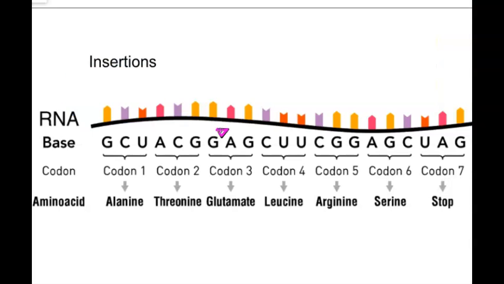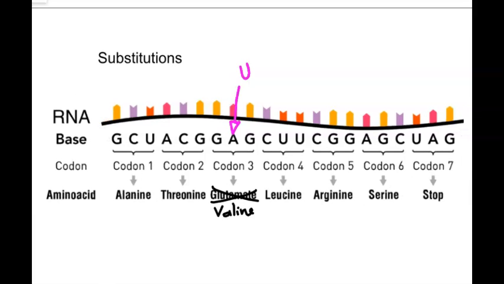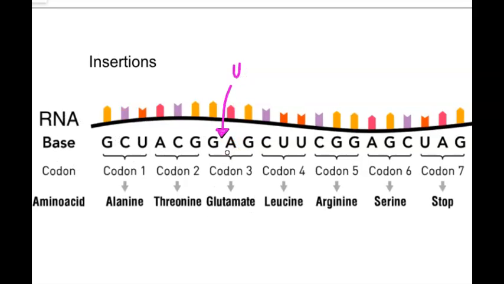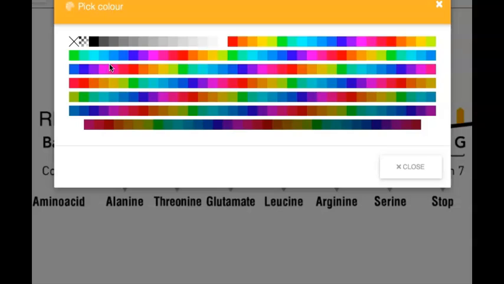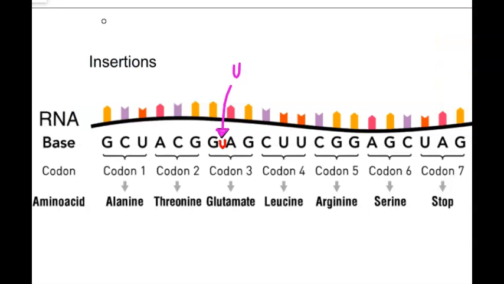Okay, so now we're going to actually insert a U instead of replacing the A. Instead of replacing the A before, we replaced this A. So we got rid of the A and we put in a U in its place. But over here in the insertion, we're actually just going to add a U right here. Now what this does is something very significant. It's called a frameshift. This is called a frameshift mutation.